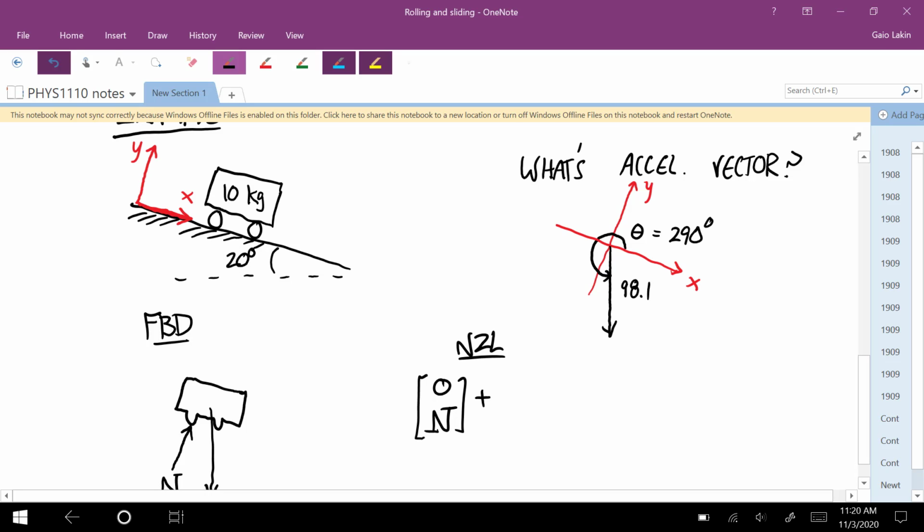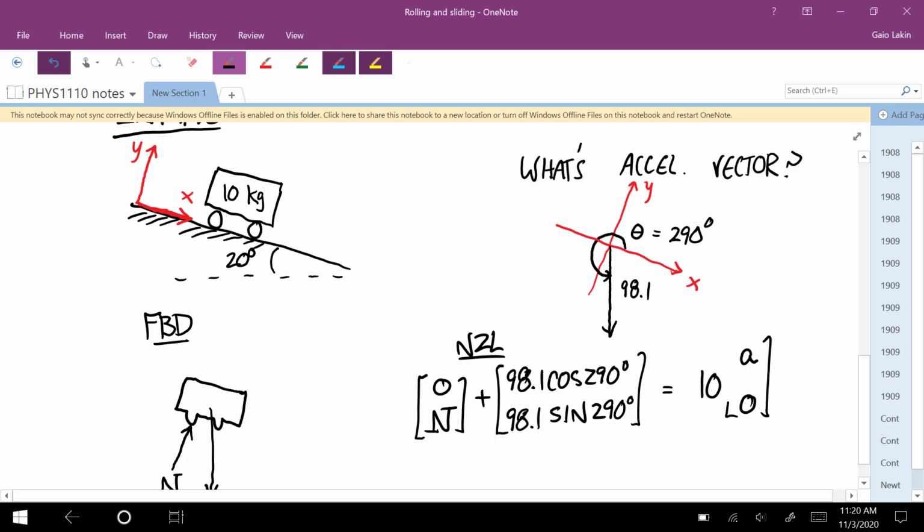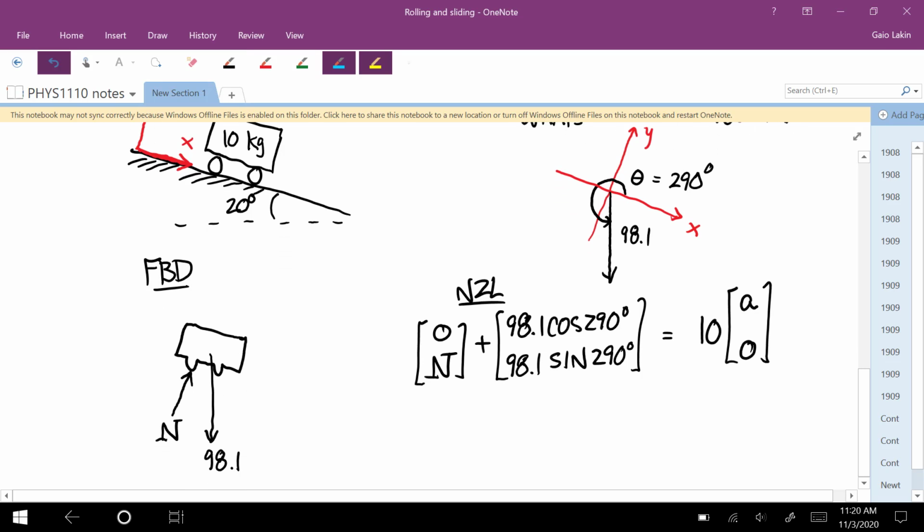So this is going to be 98.1 times the cosine of 290, 98.1 times the sine of 290, and all that, the forces added together are equal to the mass times the acceleration, and like I said, we'll write the acceleration as a0. Since all we're trying to get is the acceleration vector, all we need is that a.